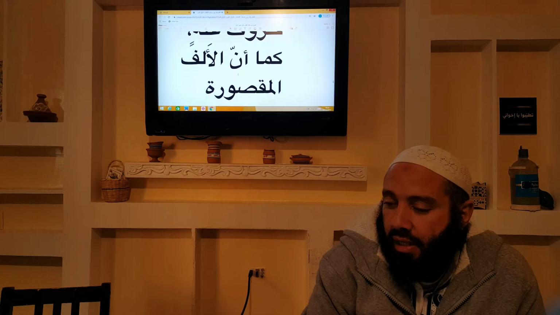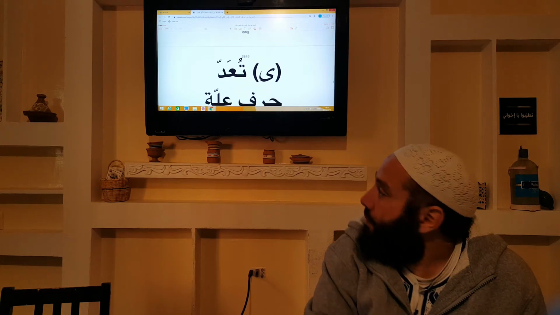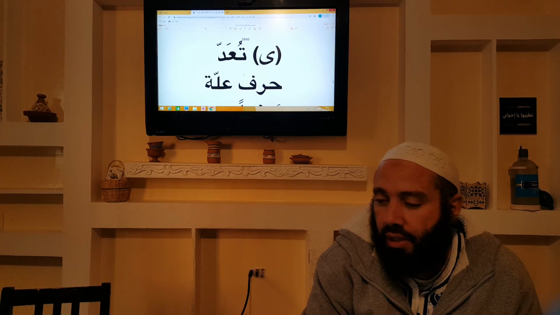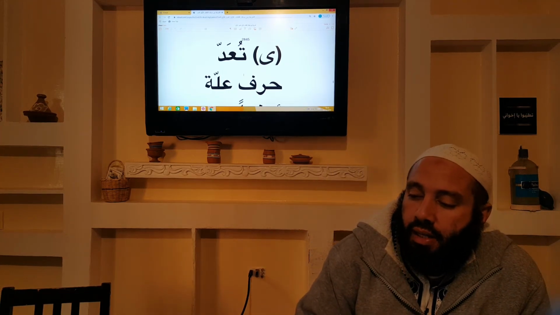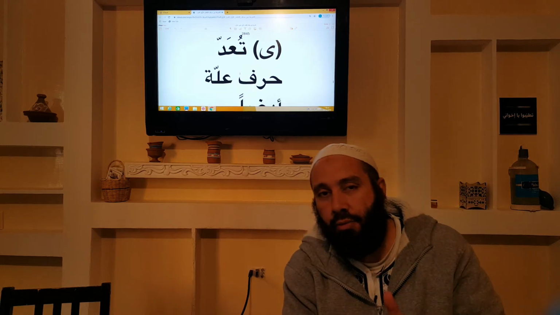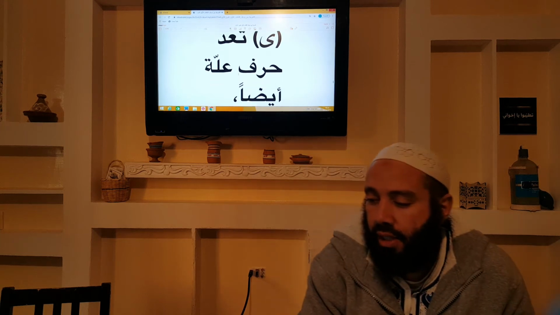كما أن الألف المقصورة, likewise the ألف المقصورة, and that is this one, تعد حرف علة, is counted as حرف علة. So whether you're using the stick or the one that looks like a ya, they are called حروف علة. So الألف حرف علة, الواو حرف علة, الياء حرف علة أيضا.